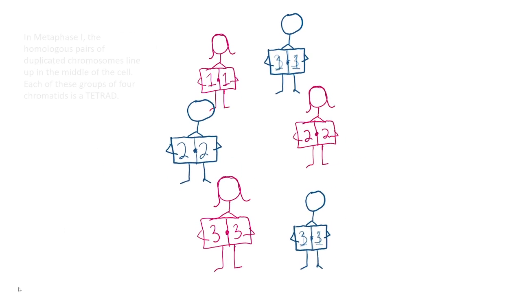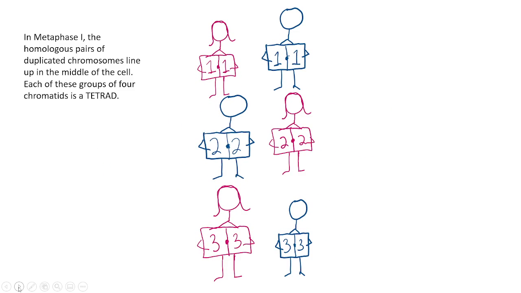Okay, once those chromosomes have made copies, then in metaphase 1, remember that metaphase starts with M, that means they're going to line up in the middle of the cell, but in meiosis, they line up in pairs. They line up in those homologous pairs. Homologous pairs means that I have each of my number 1 chromosomes lined up next to each other, each of my number 2 chromosomes lined up next to each other, and each of my number 3 chromosomes lined up next to each other.